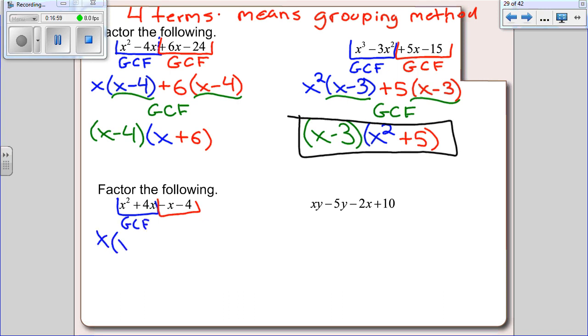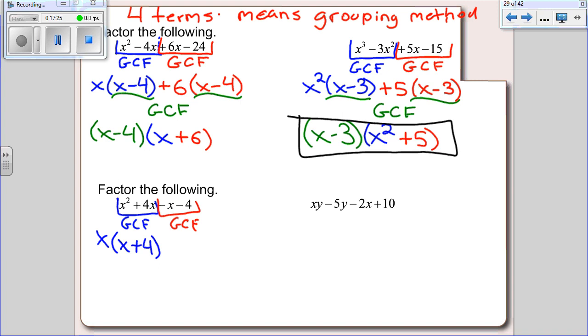If I look at the red side, it's not quite as obvious what can be GCF'd out. There's no letter that can come out of both, and there's no number that can come out of both. But they do both share something. They both share the negative. So what I can GCF out when 2 things have negatives is a negative 1.